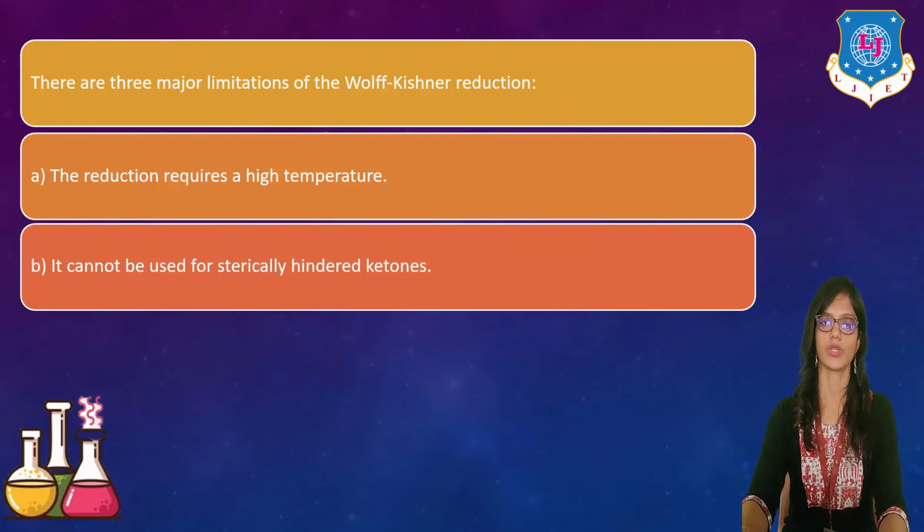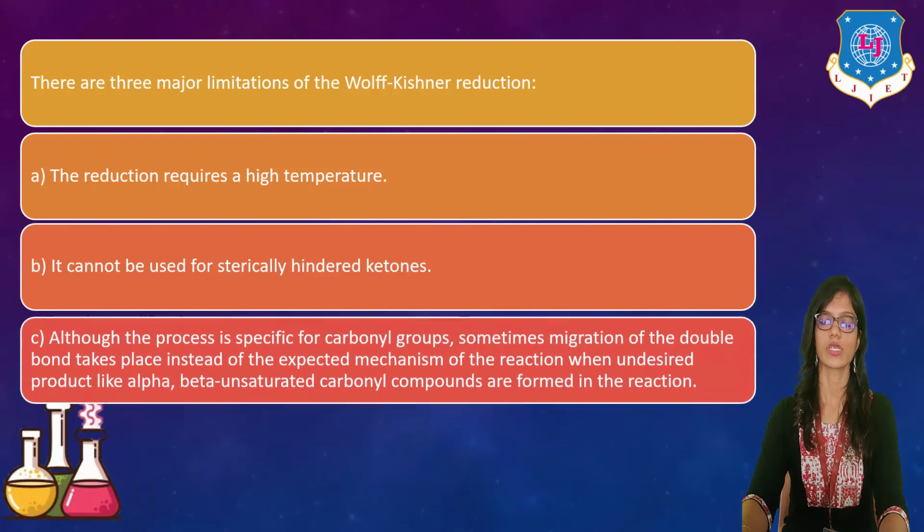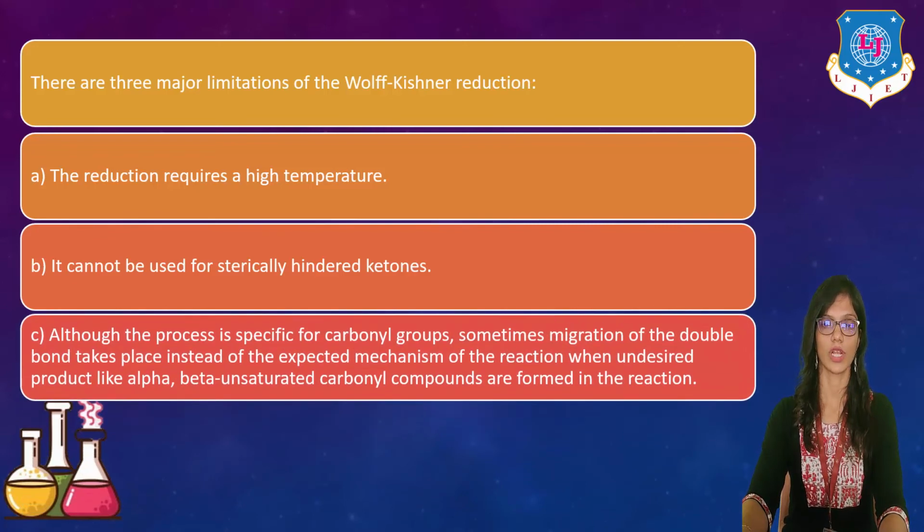And third limitation is, although the process is specific for carbonyl groups, sometimes migration of the double bond takes place instead of the expected mechanism, when undesired products like alpha, beta unsaturated carbonyl compounds are formed in the reaction. Let's see the examples.